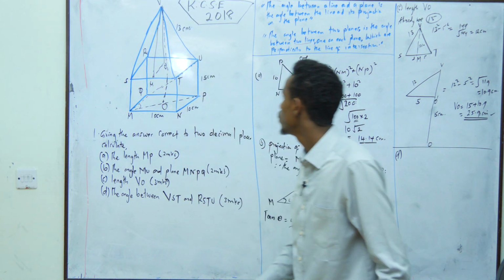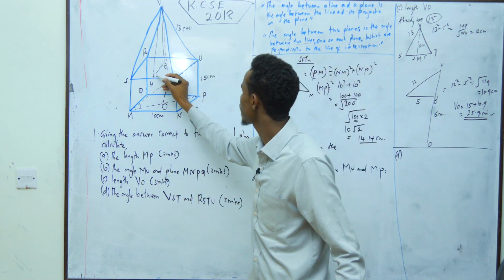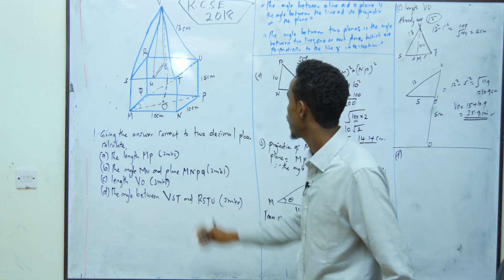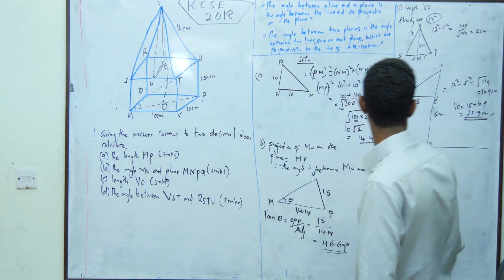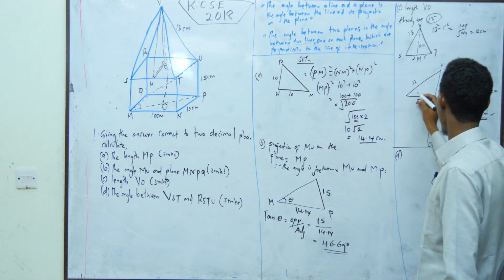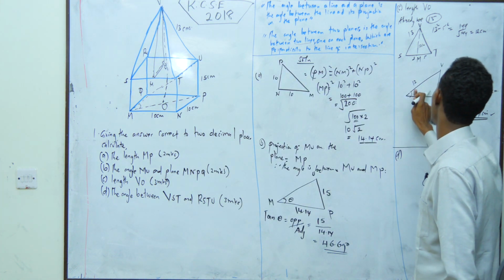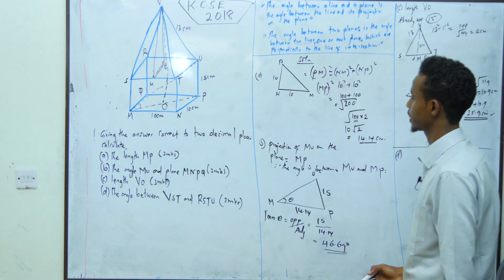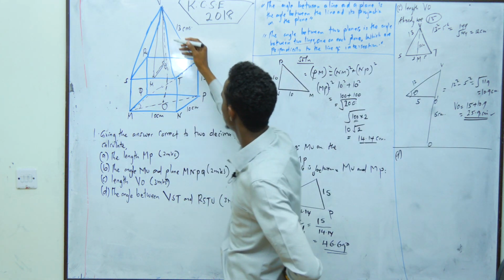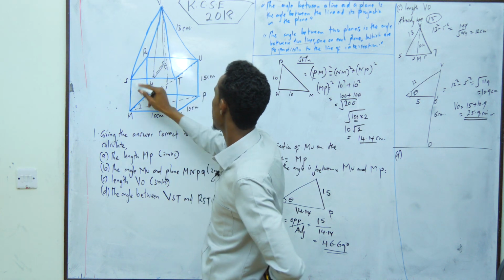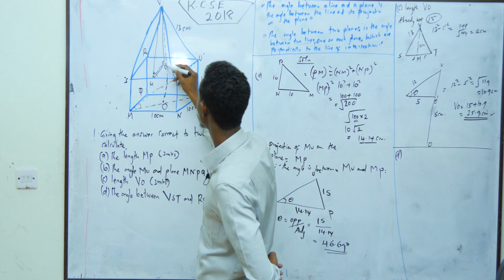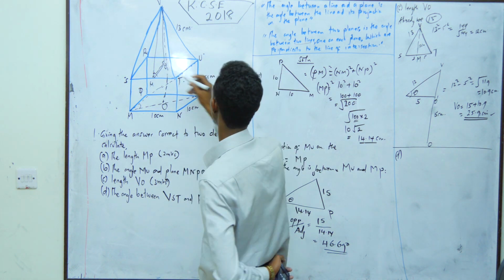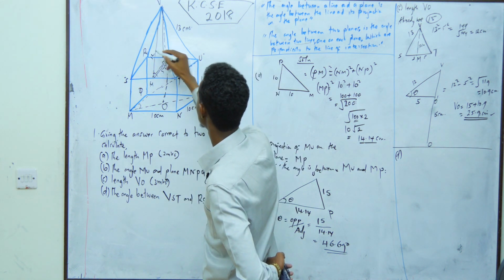We also have this line on this plane again, and this is the perpendicular. Therefore, our angle will become angle theta there, because the angle between VST and RSTU is this angle. Here we got 5, and here we're having 12.